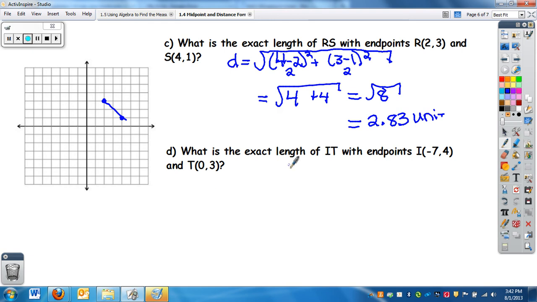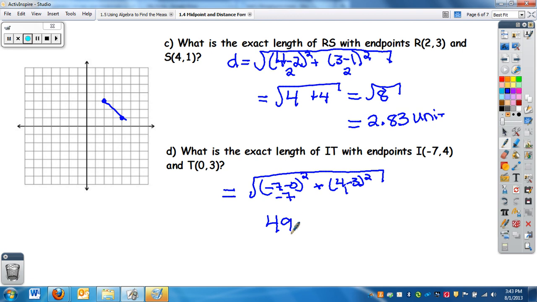This would be a good time to pause the video, try D on your own and see if you can do it, and then check with the video to see if you got the right answer. Alright, so I'm going to subtract my x's. Negative 7 minus 0 squared plus 4 minus 3 squared, which is 1. Negative 7 squared is 49, negative 7 times negative 7, plus 1 squared is 1.